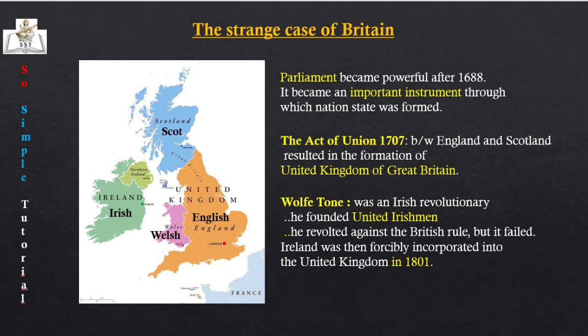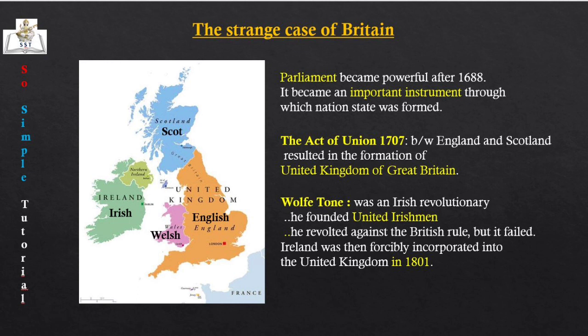The House of Commons and the Prime Minister assumed more political control than had been the case before. This parliament was the instrument through which the nation state came to be forged. If you see the case of other nations like Italy and Germany, kings and other leaders played an important role. So, this is also an important point in how the formation of the British nation was different from other nations.